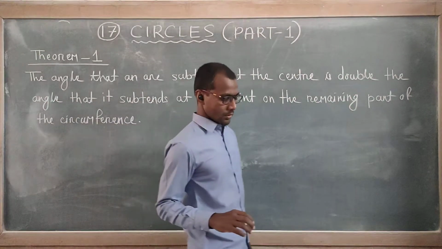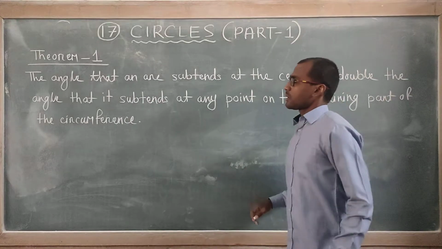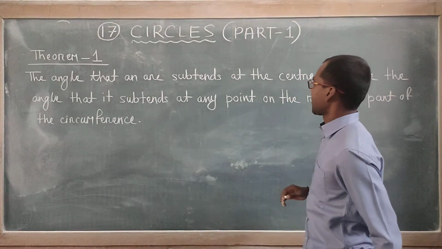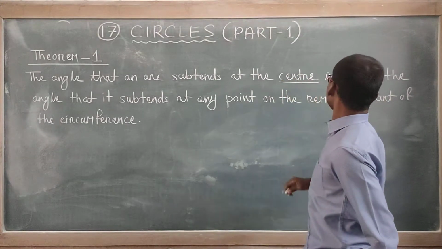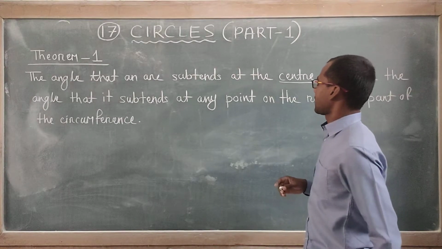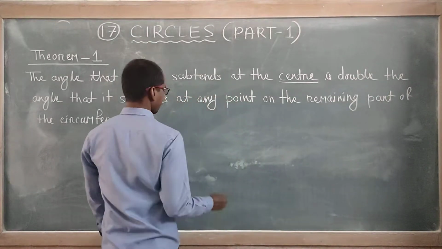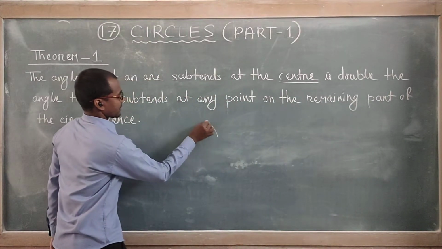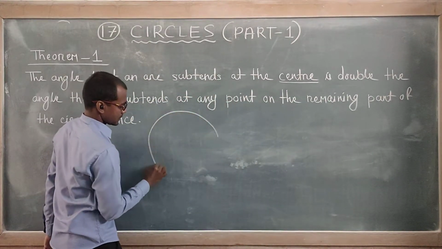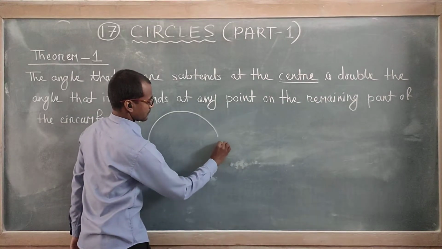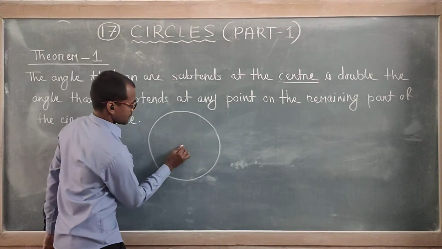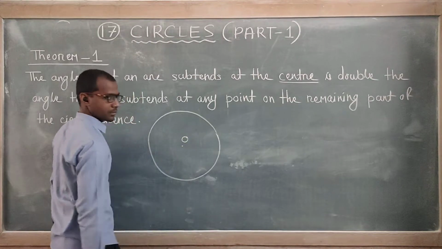Okay, let us again try to understand. The angle that an arc subtends at the center is double the angle that it subtends at any point on the remaining part of the circumference. That means, suppose we have a circle here. Let O be the center.